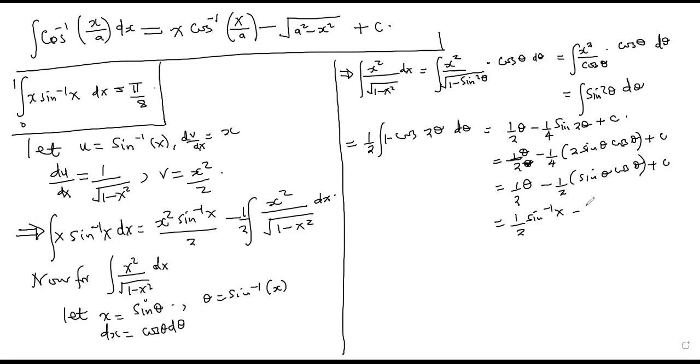So we shall have a half. Let me first show you. You will have a half, into sine theta, yes, sine theta, that is x. Then you have cos theta. Cos theta is the same as root of 1 minus sine squared theta, which will be root of 1 minus x squared. All right, then plus a constant of integration, because everything must come back to x.